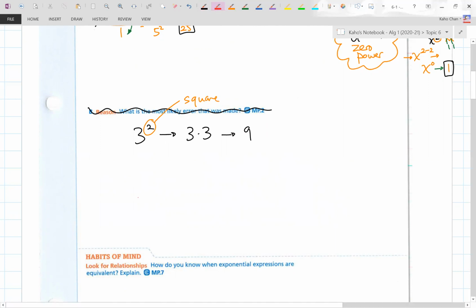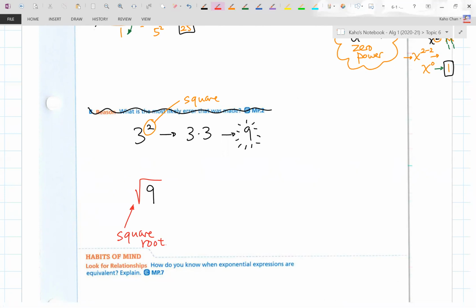And that symbol should look familiar right here. Square root of the answer I just got, of 9, that's what that means right there. This means square root, which is the opposite function of square. It literally means, hey, what times what will give you 9?